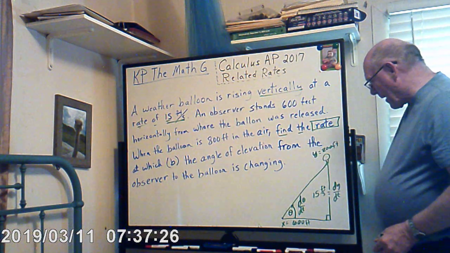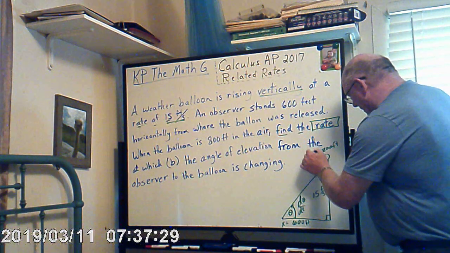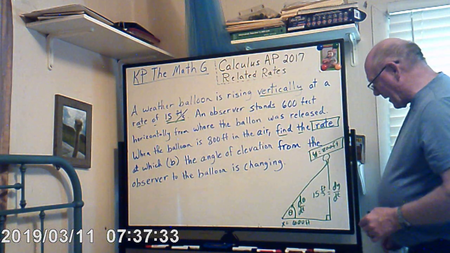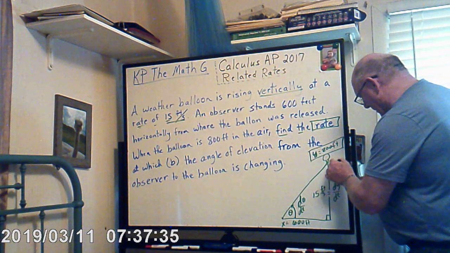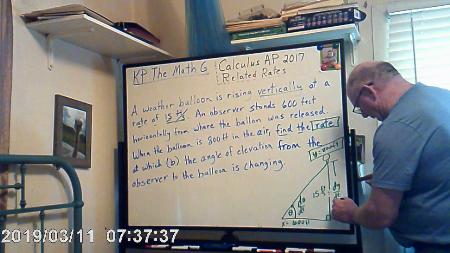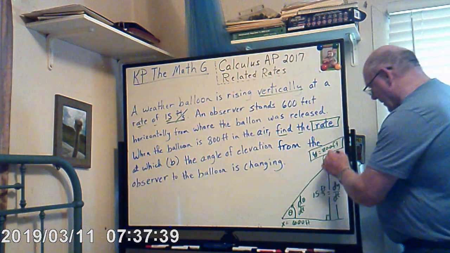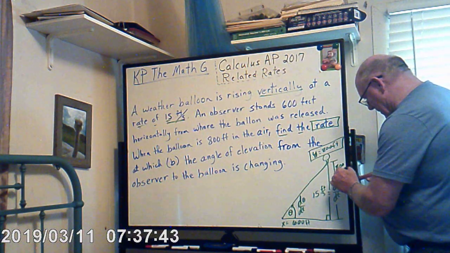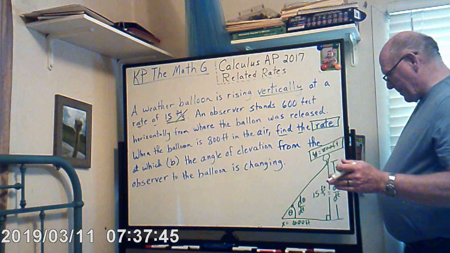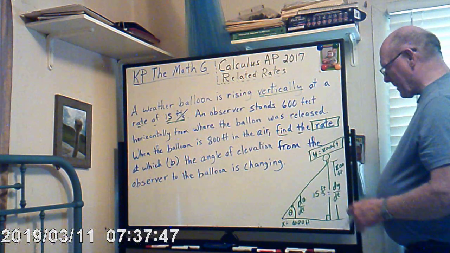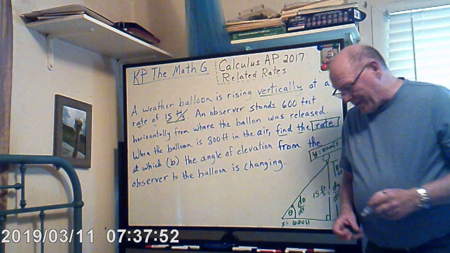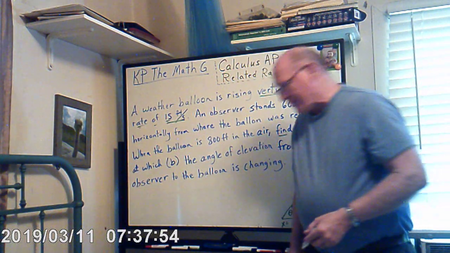Now, remember that this y height at that instant is 800 feet. When we take that snapshot right here, this height is 800 feet. Let's see if we can come up with some d theta over dt. That's going to lead us into sine, cosine, and tangent.